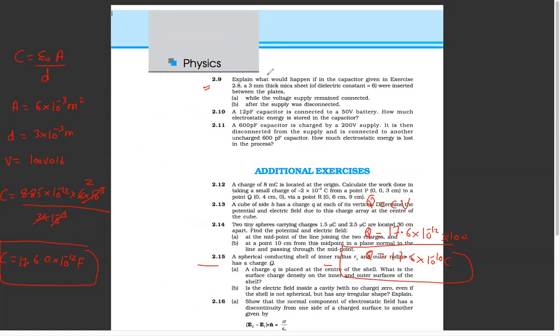Calculate the capacity. In 2.9, first calculate the capacity. Part A and B I will solve, but you first calculate the capacity. What would be the capacity after introducing a mica sheet?